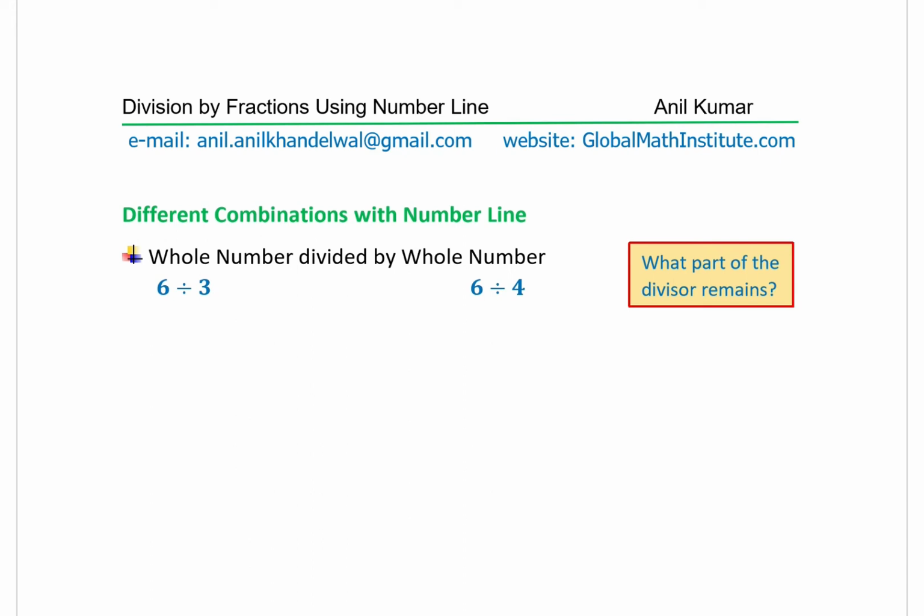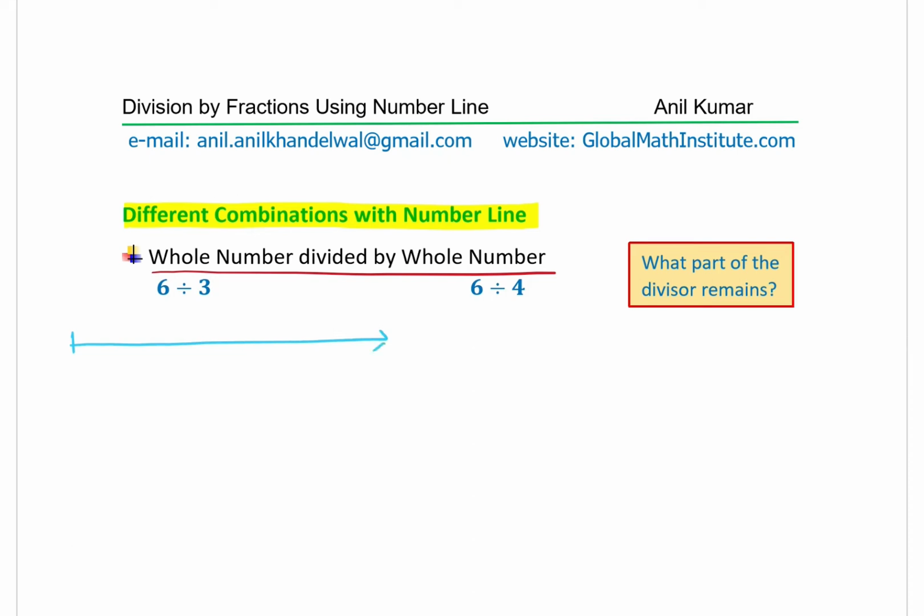So now the actual thing begins, and we'll take cases one by one. In the very first case, we are going to divide whole number by a whole number, right? So to keep it very simple, I have taken whole number divided by a whole number. And let's try to understand this process. We are trying to divide 6 by 3. So let's say this is the number line, right?